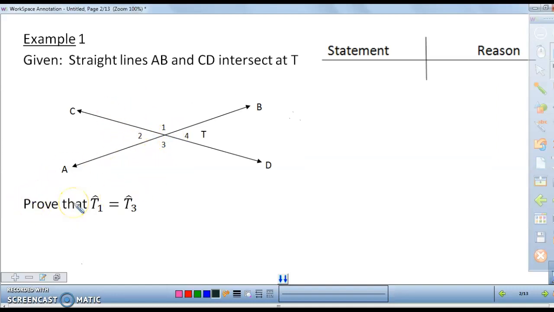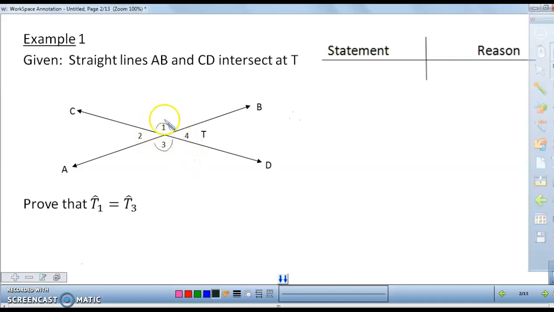You have to prove that angle T1 is equal to T3. Work on your diagrams, ladies and gentlemen. So I need to prove that this angle T1 is equal to T3.